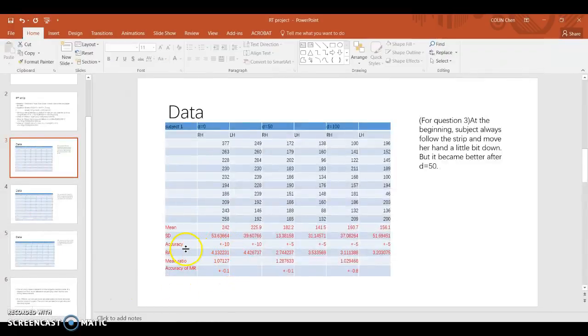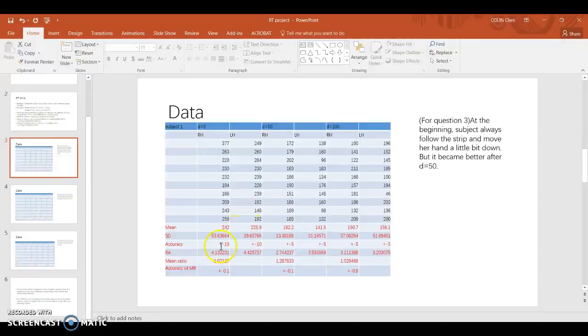For this subject, I put the accuracy at plus and minus 10 when D is equal to 0, and plus minus 5 when D is equal to 50 and 100, because at the beginning the subject always followed the strip and moved his hand a little bit down.